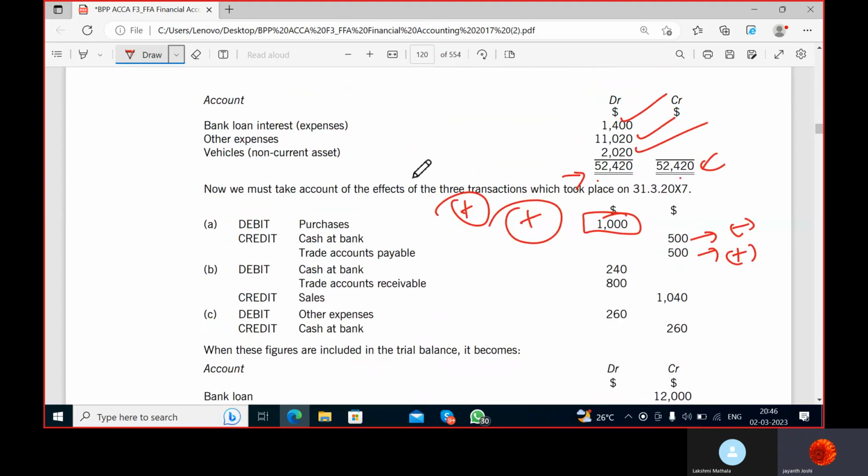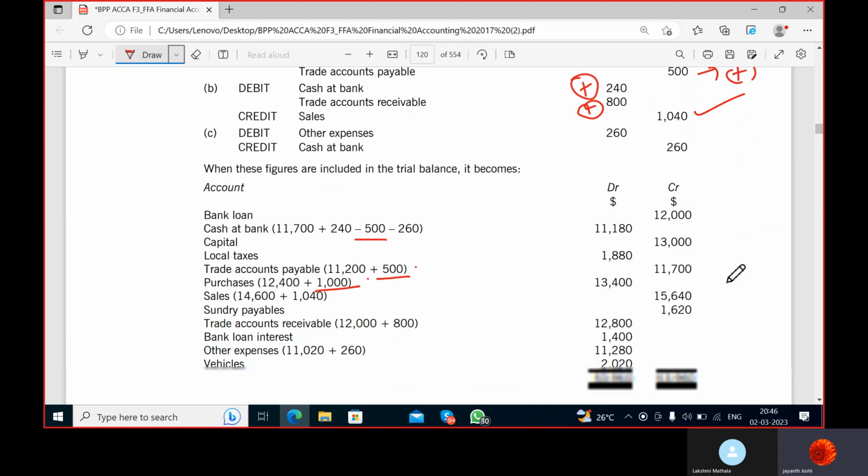Next entry. Now this 240 I got, so that is increasing my cash account. I'll add 800 to receivables because increase in asset is debit and increase in income is credit, so I'll add to the sales. So 240 and 800 I'll add in the cash and receivables, and 1040 I'll add in the revenue.